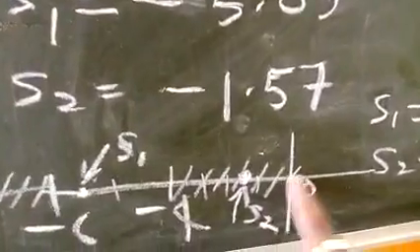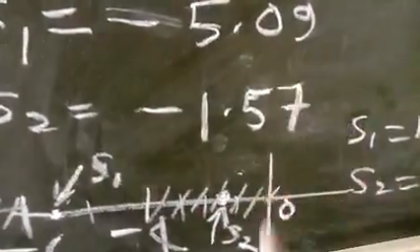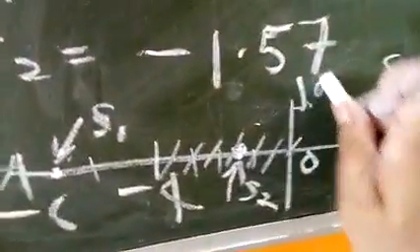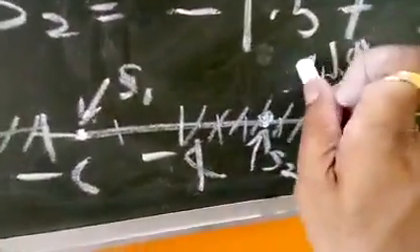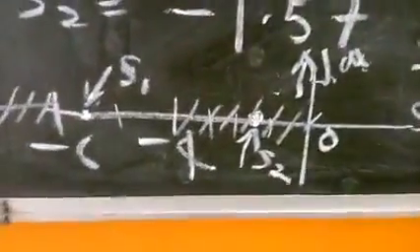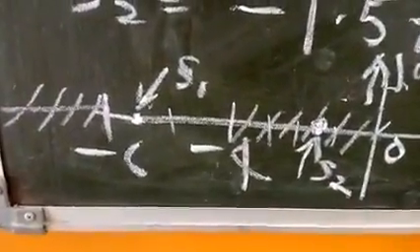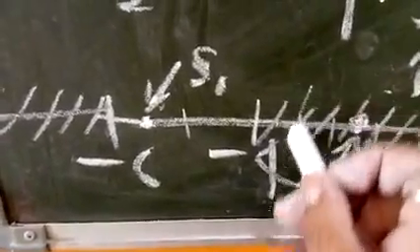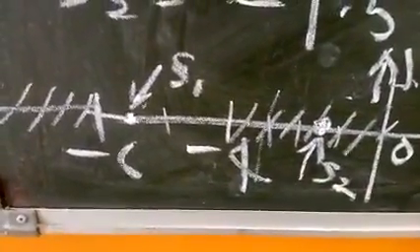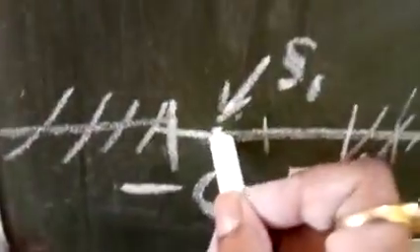This is the real axis, the x-axis, and the imaginary axis, j omega, the y-axis. Here we determine the crossing point of the root locus on the real axis. So there are 2 points: S1 is minus 5.09 and S2 is minus 1.57.